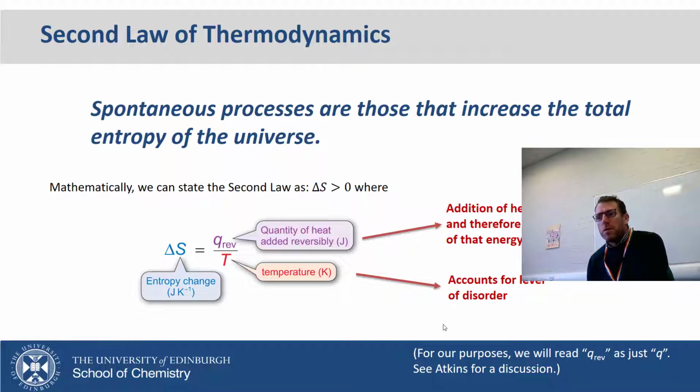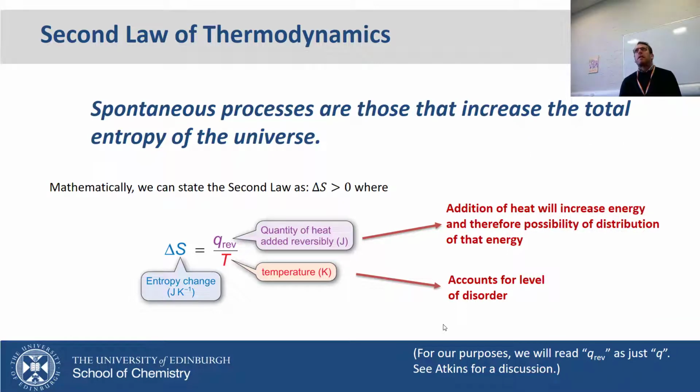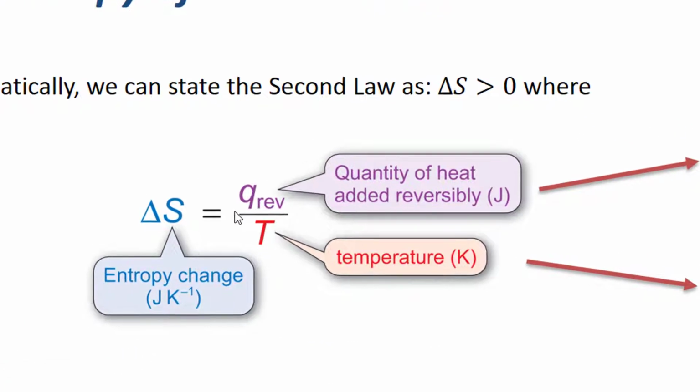This relationship between entropy and energy, and thinking about that idea of entropy being dependent on temperature, means that we can draw together the second law of thermodynamics into a pretty simple mathematical statement that says the entropy change of our observation will depend on the amount of heat that we provide to a system.